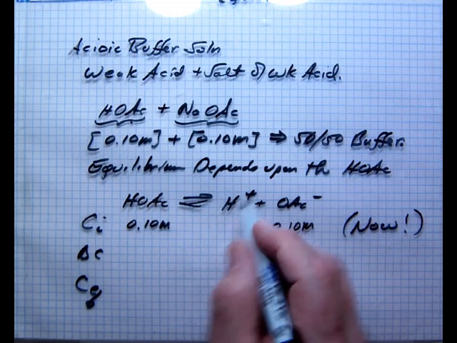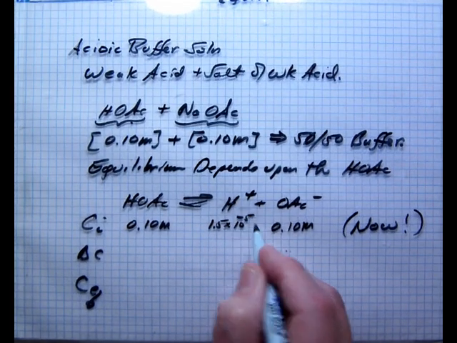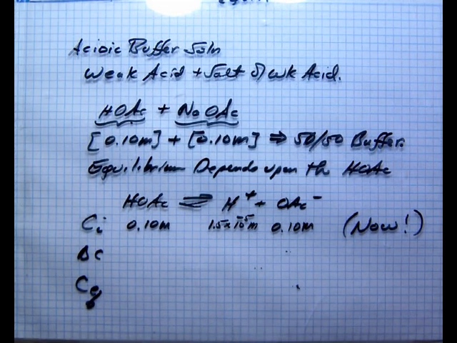It's going to be 1.5 times 10 to the minus 5 molar. That's the concentration of acid, hydronium ion in that system. Now, as a buffer solution, the purpose of a buffer is to prevent large shifts of pH if an acid is added or if a base is added.